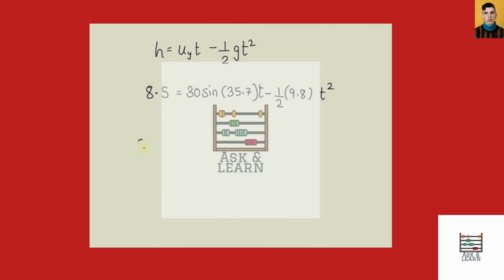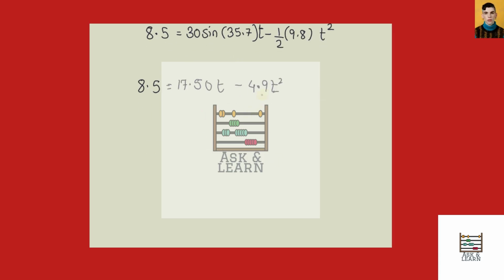Now if we solve this, we get 8.5 is equal to 17.50 t minus half into 9.8, which is 4.9, t square. Let us rearrange this equation: 4.9 t square minus 17.50 t plus 8.5 is equal to 0.